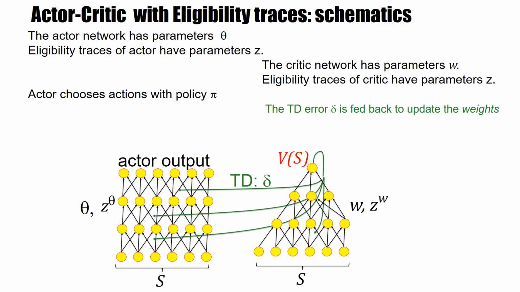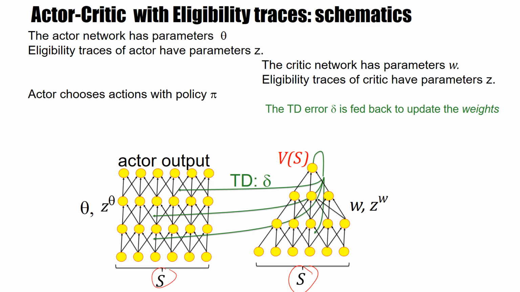And so this is now the structure here in the conceptual view, where we have two separate networks. The input, the current state, is called S. Now the critic estimates the V of S, the value.